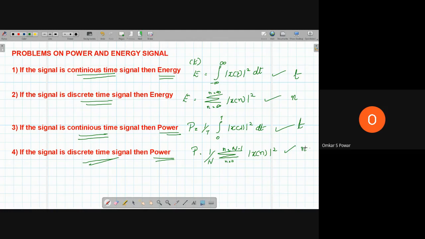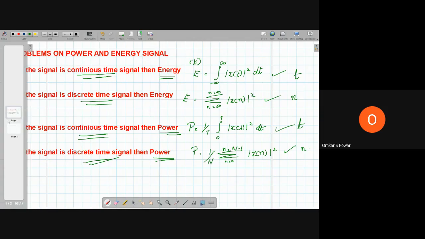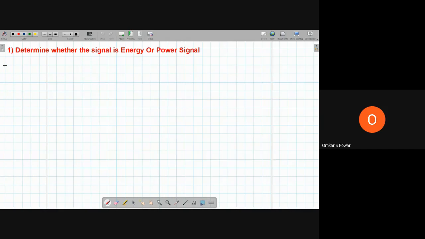Determine whether the signal is energy or power, and find the energy or power of the given signal.